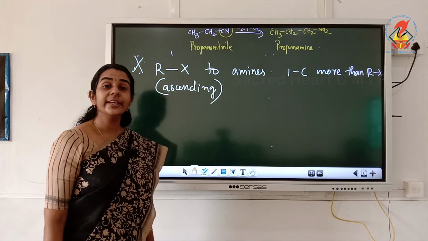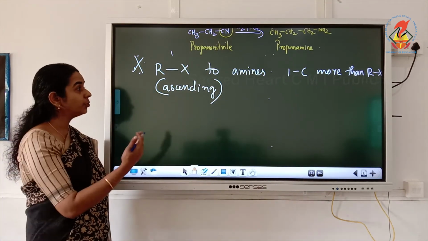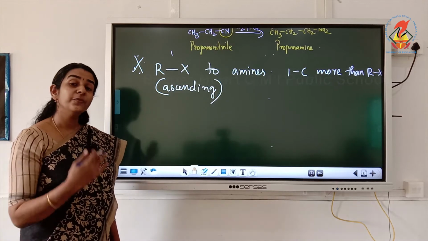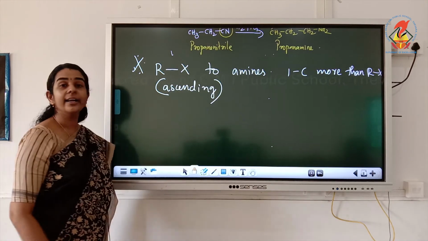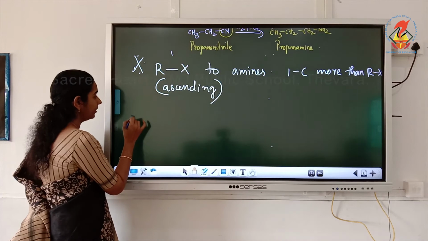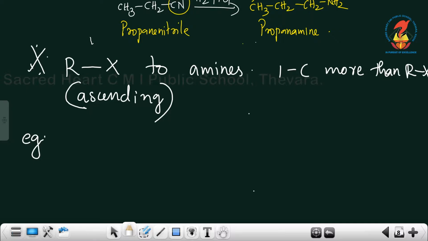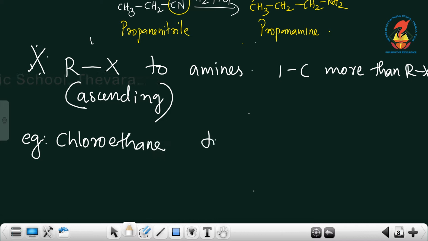Now, how we can convert an alkyl halide to primary amine with one carbon more than the alkyl halide? For example, the question is, convert chloroethane to propanamine.